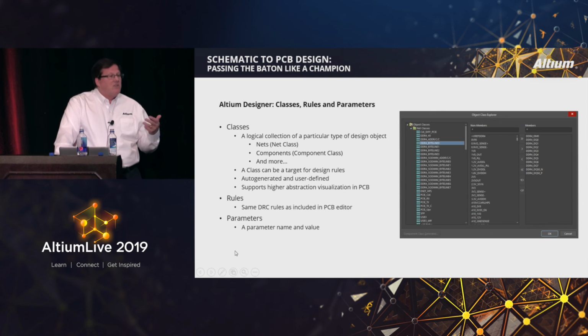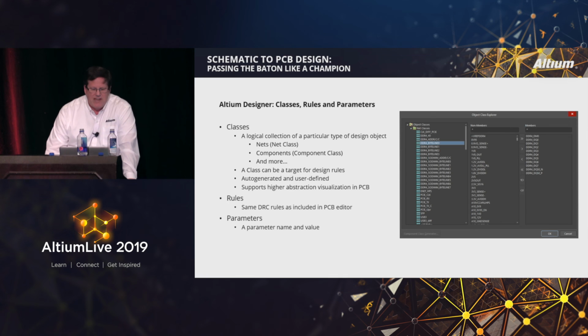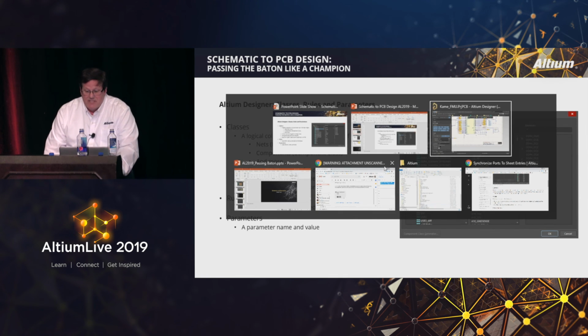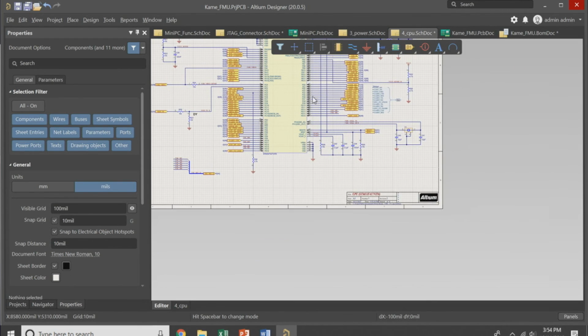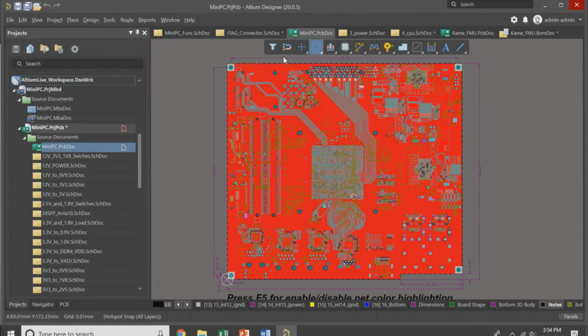A class can be a target for design rules. We talked about that. They can be auto-generated through the compile step. Max and Carl discussed that. It supports a higher level abstracted visualization in your PCB. Now, maybe I'm just alone in thinking that's cool, but it really is very useful.